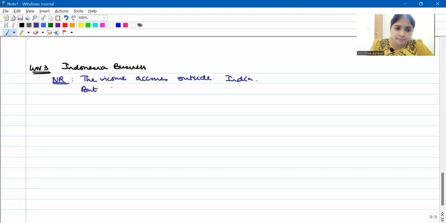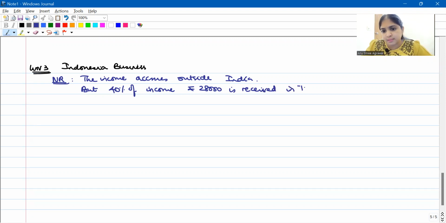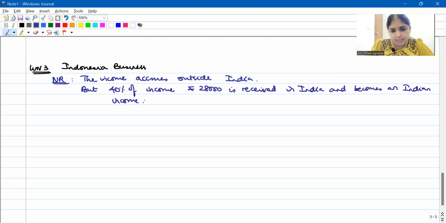But 40% of the income, what is 40% of 70,000? 28,000. Rupees 28,000 is received in India, and becomes an Indian income. Hence, taxable for the non-resident.